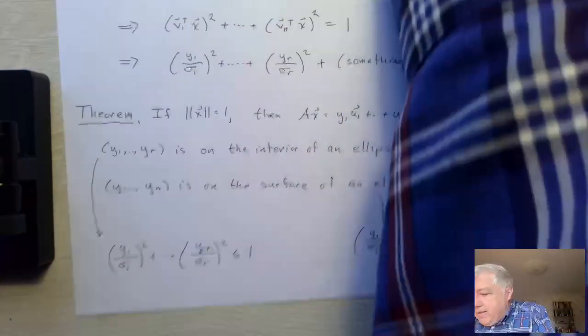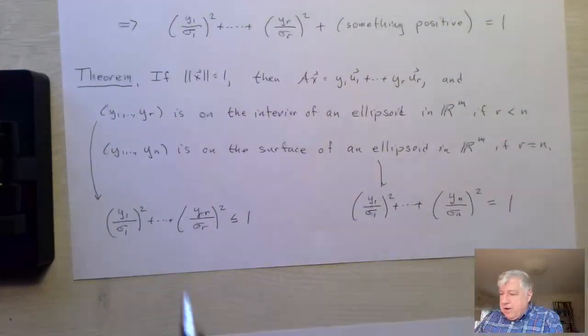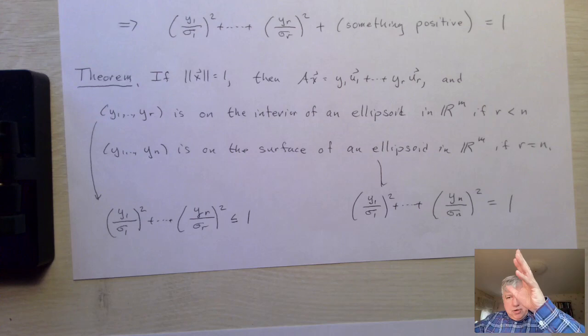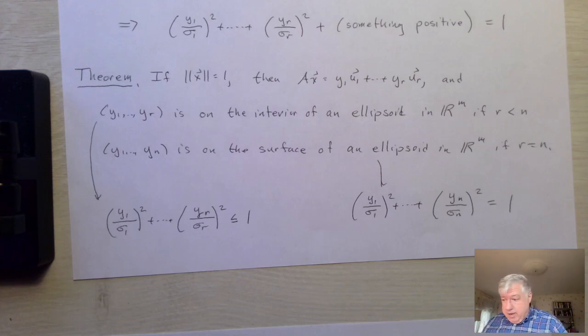And remember what those ellipsoids are. In R^m, you have one variable squared over a constant squared, plus another variable squared over a constant squared, and so on, and you set that equal to 1. That is an ellipsoid.